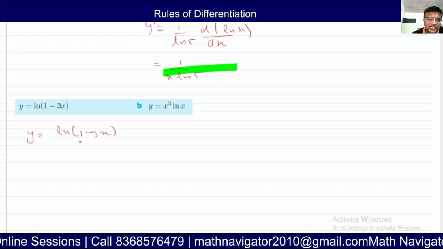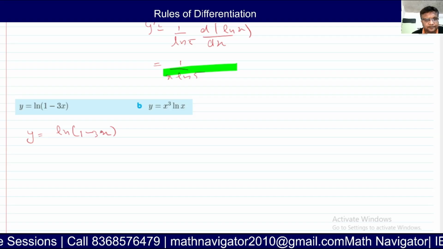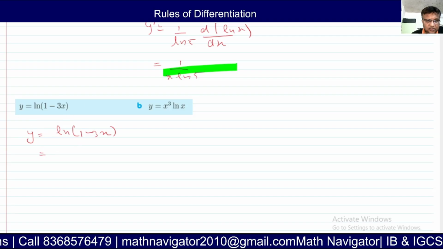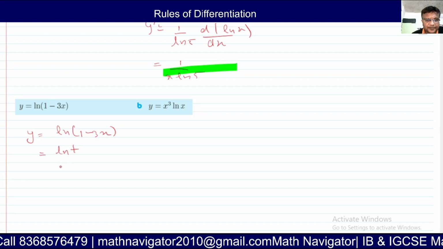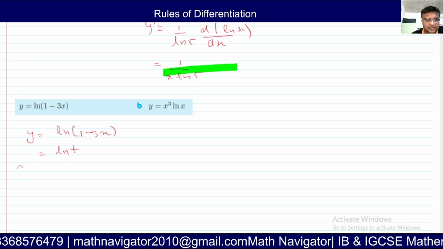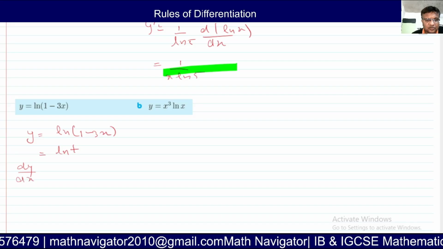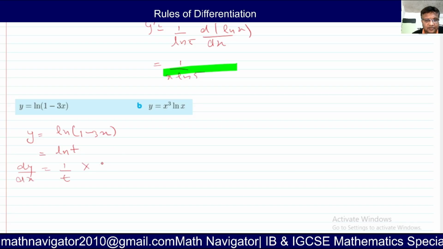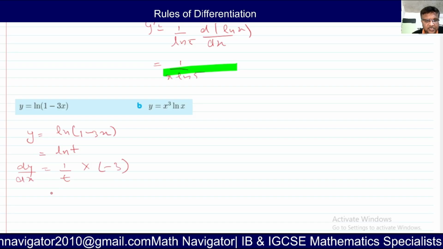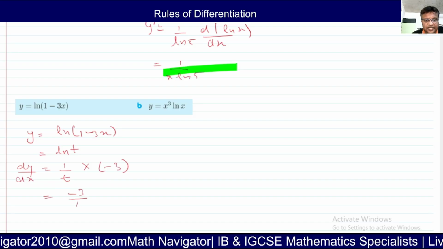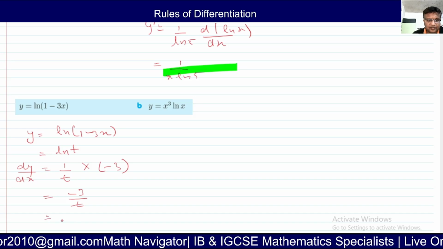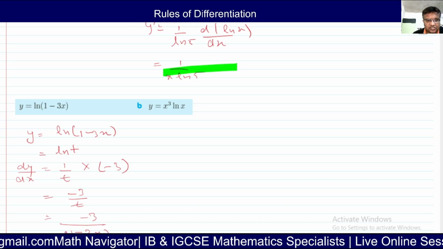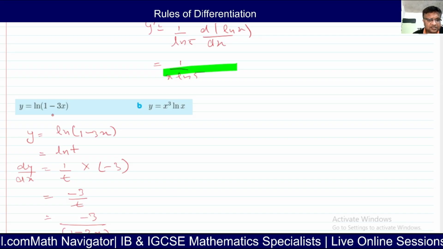What I'll do, I'll take 1 minus 3x as t. So this becomes ln t. dy by dx is equal to differentiation of this, which is 1 over t, times differentiation of 1 minus 3x, which is negative 3. So this will become negative 3 by t. So this will become negative 3 over 1 minus 3x. So this is my answer. Got it?